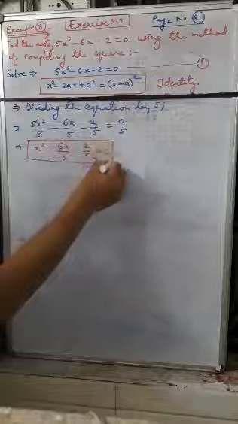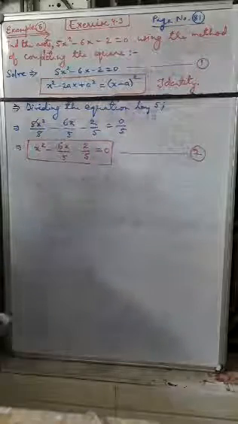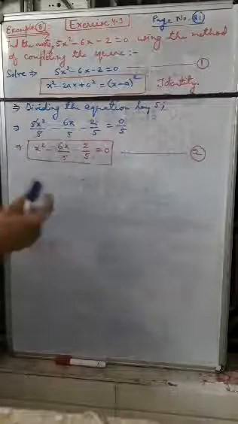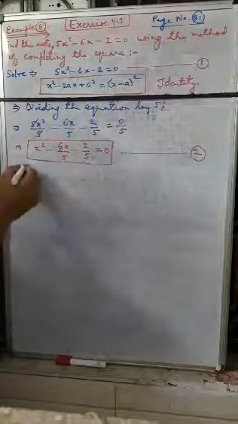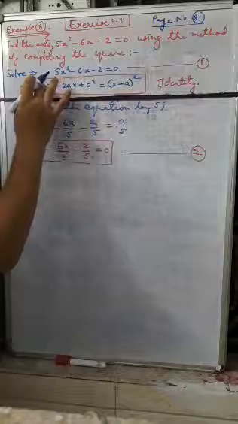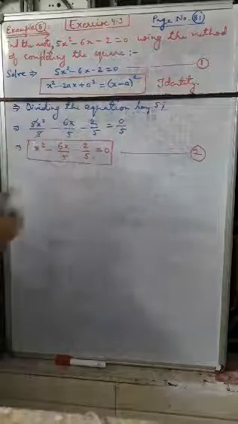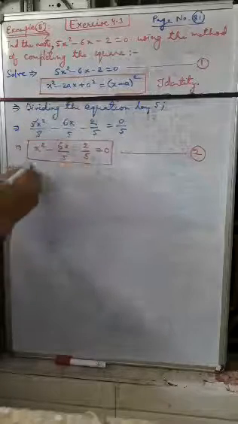Now this has become equation number 2. So again we will do the same thing as the previous question, comparing equation 2 with the identity, because now the coefficient of x square is 1 here, and it is also 1 here. So the coefficients of x square are the same, so we can compare both the equations.